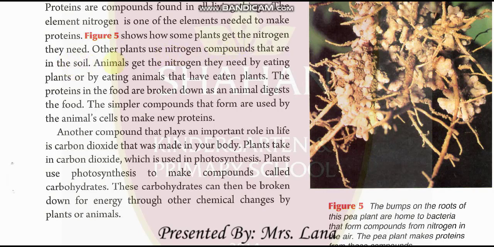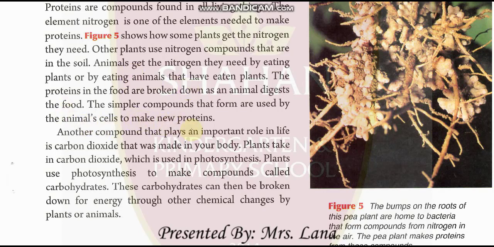Other plants use nitrogen compounds that are in the soil. Animals get the nitrogen they need by eating plants or by eating animals that have eaten plants. The proteins in the food are broken down as an animal digests the food. The simpler compounds that form are used by the animal cells to make new proteins.